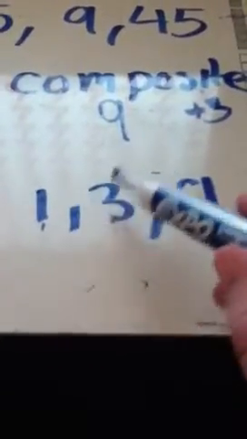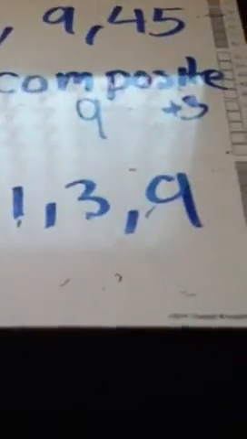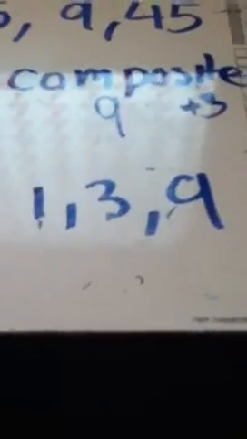However, if you take a number, say like the number 9, this would be a number that would have 3 factors. So you could have 1, 3, and 9. And the reason why you'd have 3 factors is because that 3 is just repeating itself. So one of the ways you could get 9 is 3 times 3. So you wouldn't write the 3 down twice, you just say it has 3 factors.